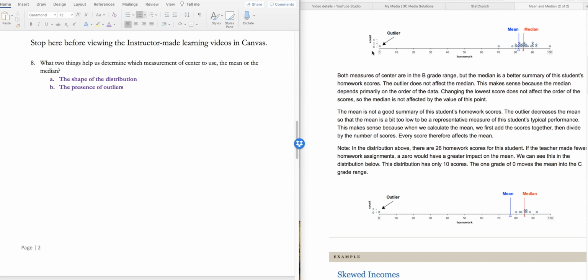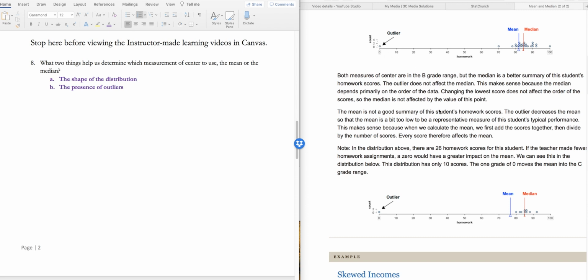Well, if a 0 is included in that sum, or if we moved it up to 70, if a 70 replaces the 0 in that sum, that's going to make a very big difference in that mean. So the mean is always pulled off in the direction of outliers. The mean is not resistant to those outliers.